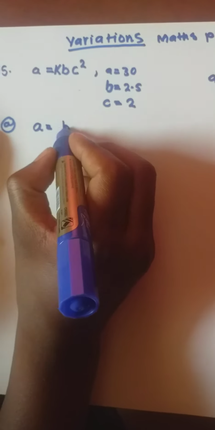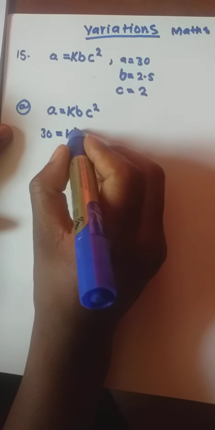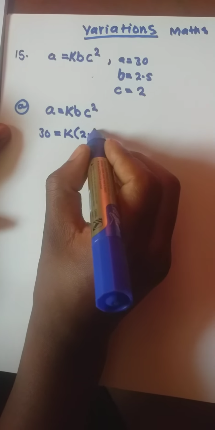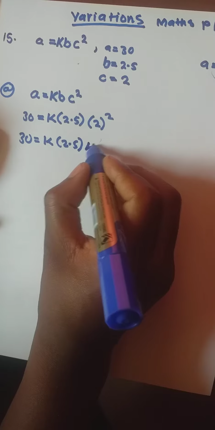A is the 30 we have been given, then K, our B is 2.5, then our C is 2 to the power 2. So we can simply say 30 is equal to K times 2.5 times 2 squared.